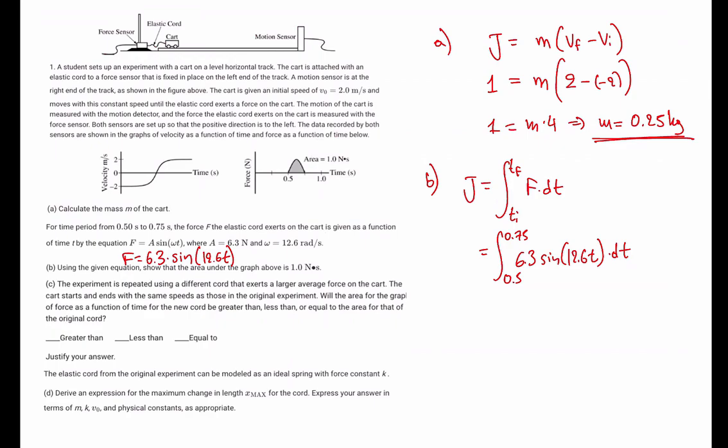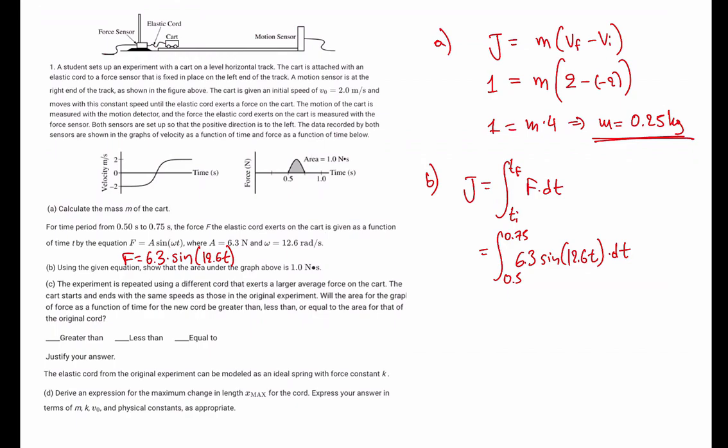Again, the calculator needs to be set on radians, so I'm pressing shift mode 4 in my calculator. Then the integral from 0.5 to 0.75 of 6.3 multiplied by sine of 12.6 x.